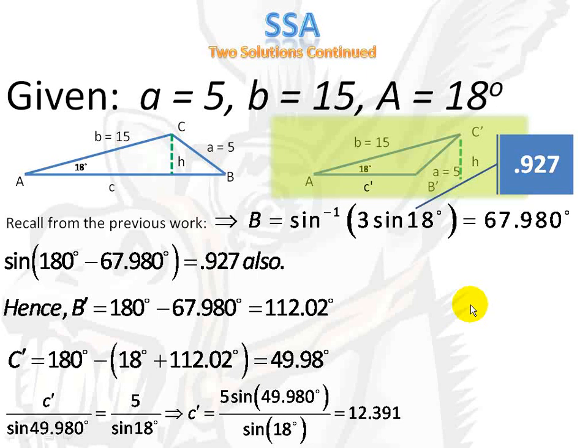Okay, and when we do our algebra, we get 12.391. And I believe we've solved the second triangle.